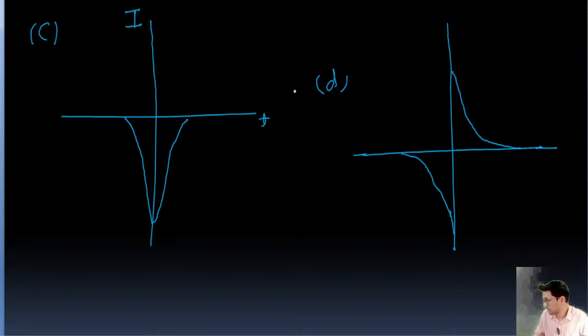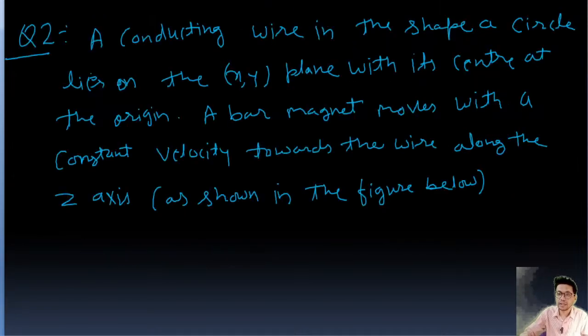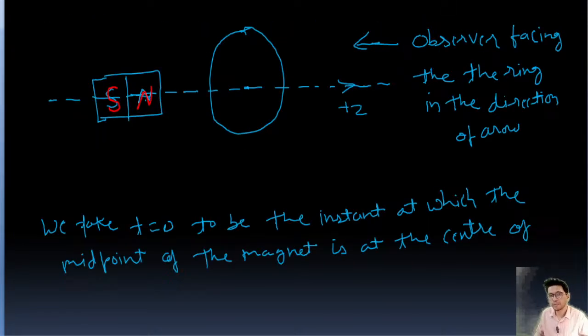Here, guys, a very important thing I'm going to explain. Very simple question, concept based question. And the direction of current is clockwise, guys, if we see from the right side. Okay. So now I'm going to solve it.